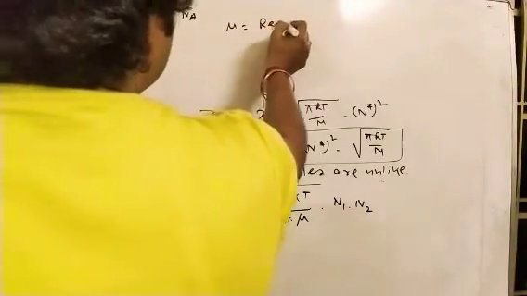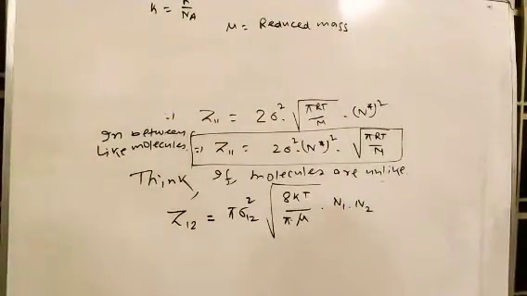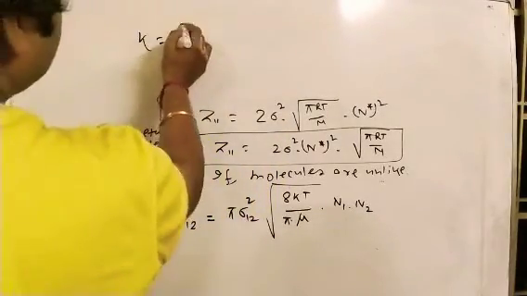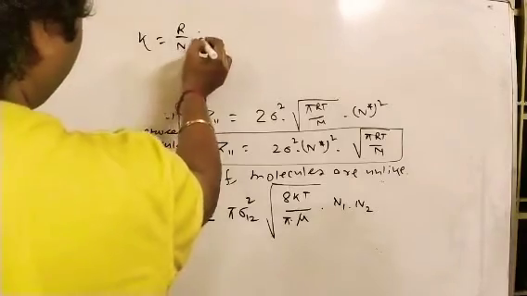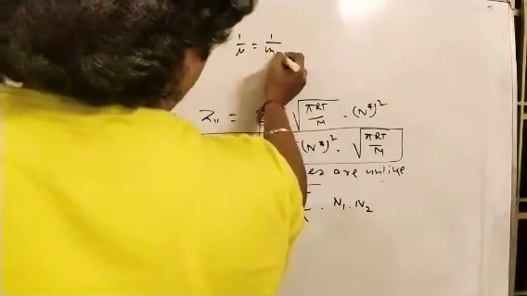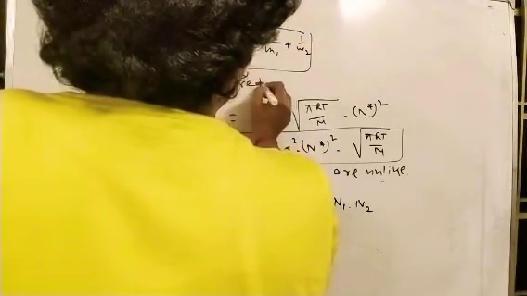Mu is called reduced mass. Many of you have already got this concept, while I think it is going a little above. So k is equal to R by Na, and 1 by mu is equal to 1 by m1 plus 1 by m2. This is the concept of reduced mass.